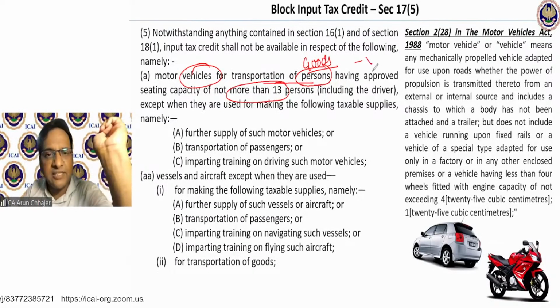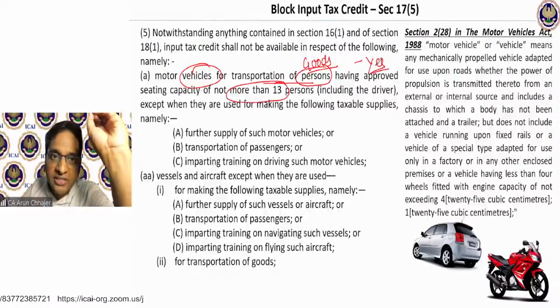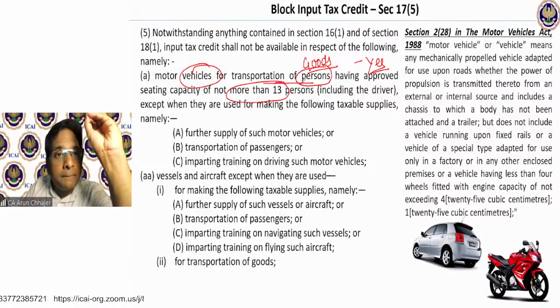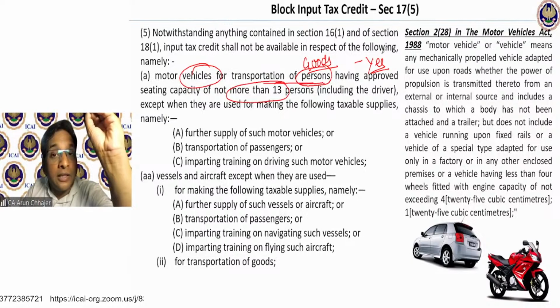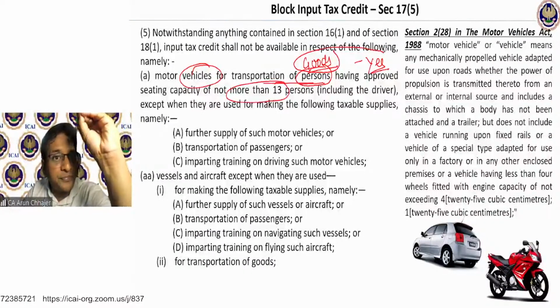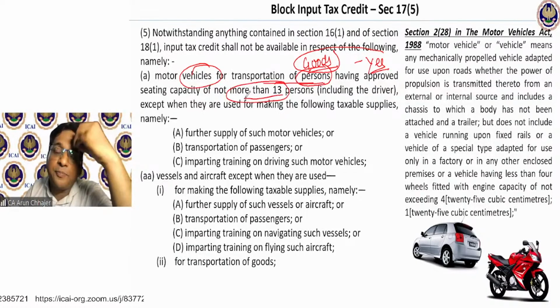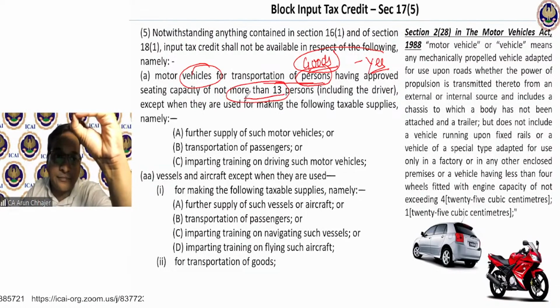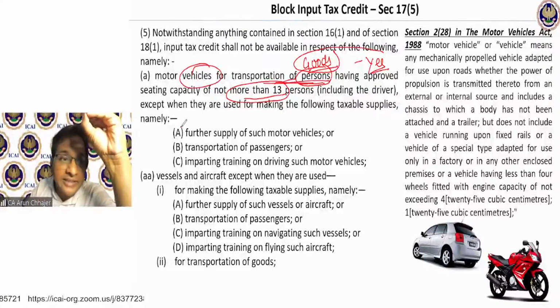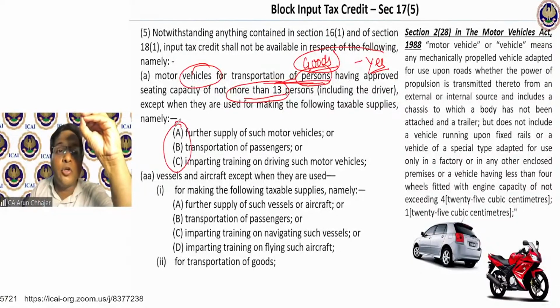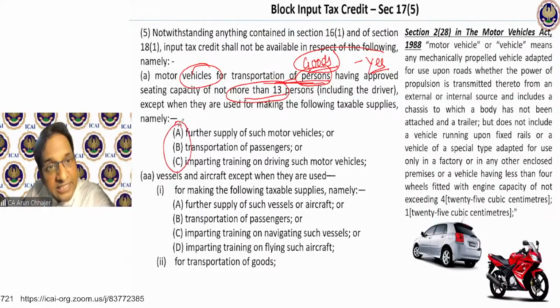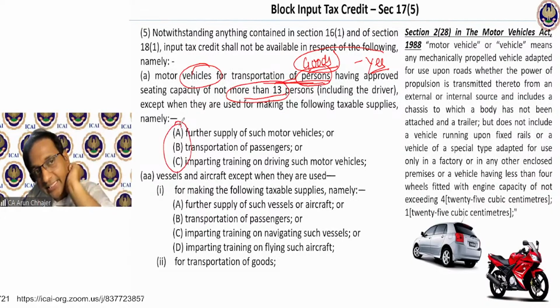Answer would be yes, ITC would be allowed because they are blocking only the passenger transportation vehicle. They are not blocking the goods vehicle. Second, the vehicle which is purchased up to 13 seater and transportation of person. In these three cases, you are eligible to take the ITC.